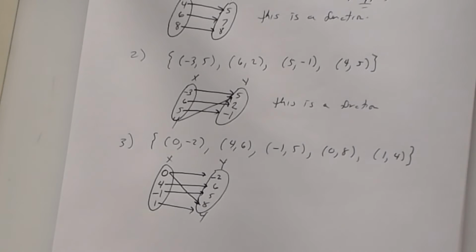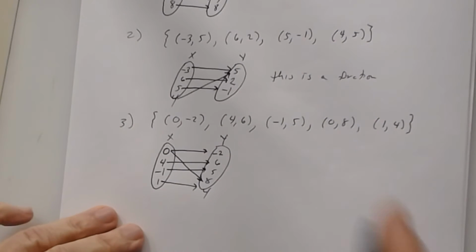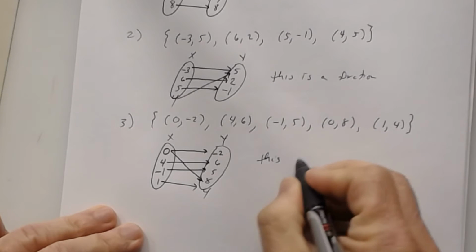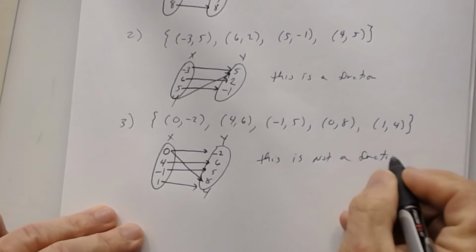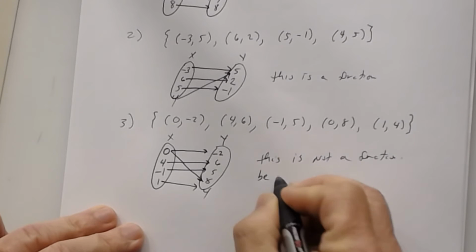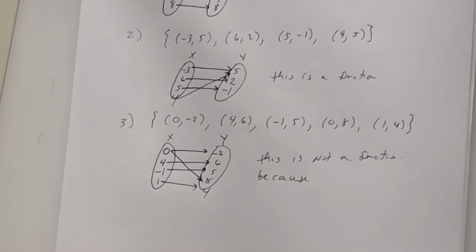All right, now, listen carefully. So you may be asked to explain why this is not a function. Okay? So this is not a function. Let's talk about why. You got to tell me what part of this makes it not a function.